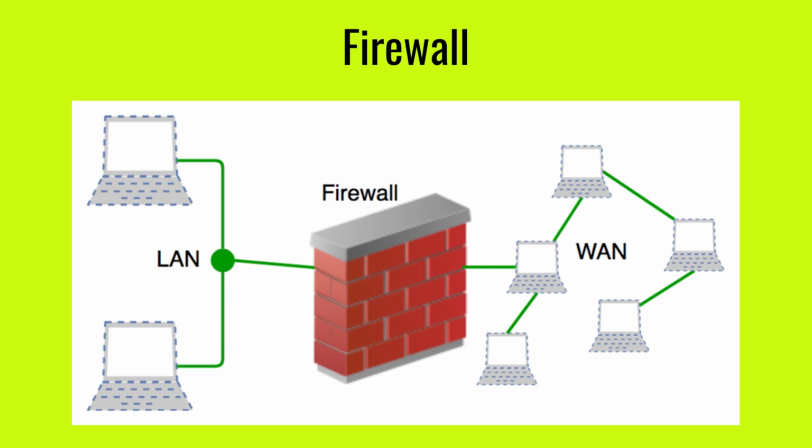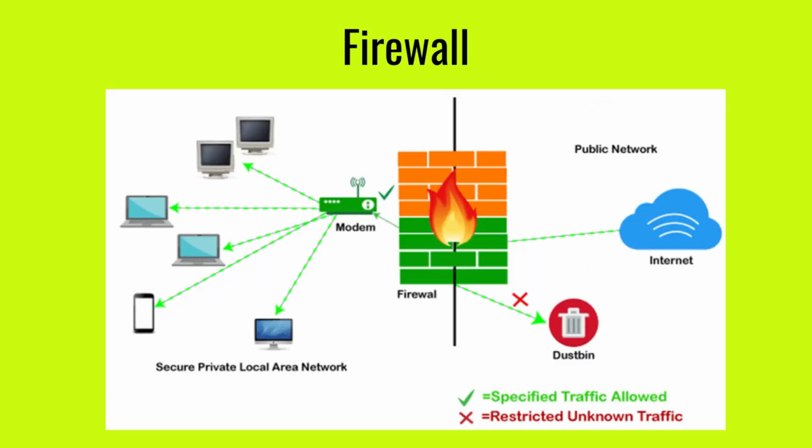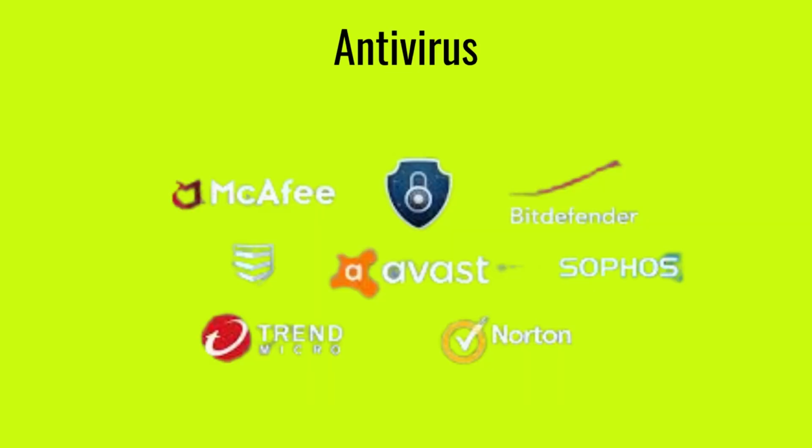Although the vulnerabilities are different in both cases, the major difference is that a firewall acts as a barrier for the incoming traffic to the system. Conversely, antivirus protects against internal attacks like malicious files.